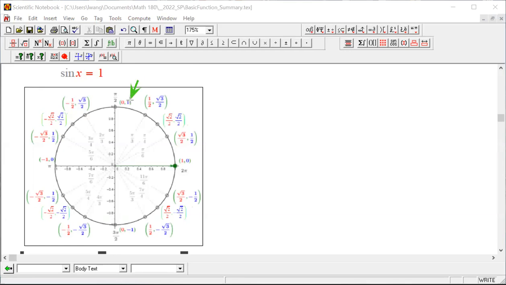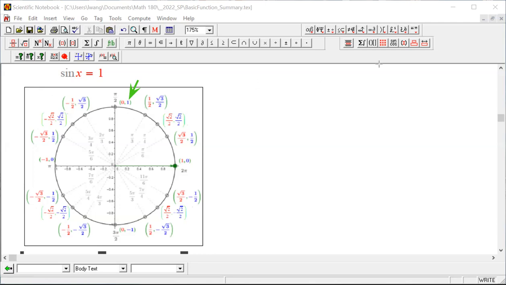Right here. So which terminal is this terminal? So this is the terminal that it cannot be. If it is pi over 2, 5 pi over 2, right?